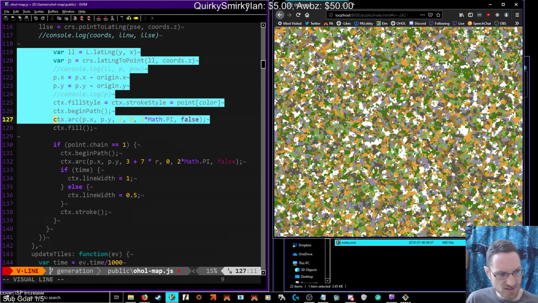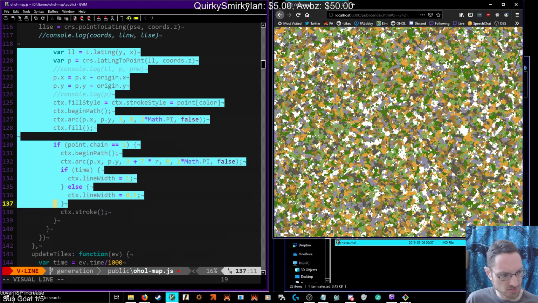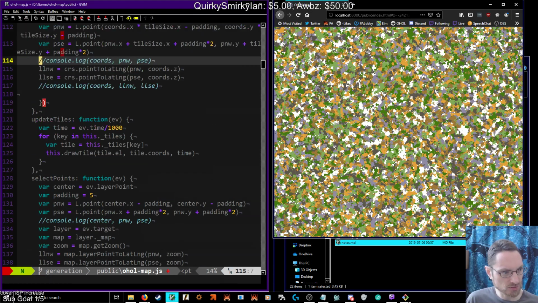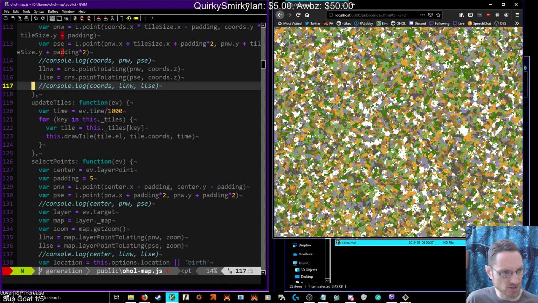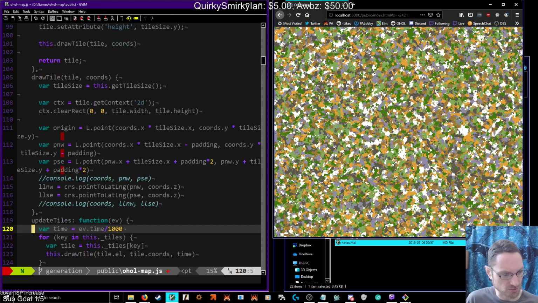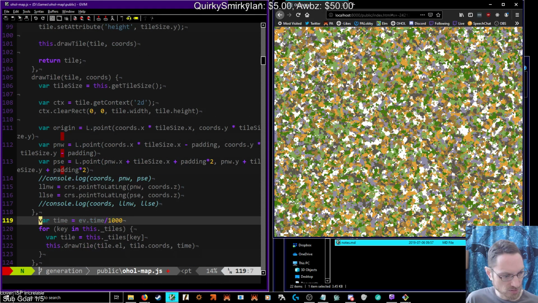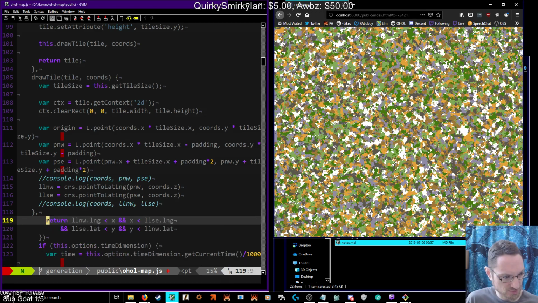I might have to be doing a rect fill, but maybe there's a way to set a particular location. We don't need to update tiles, we don't need to select points. That was bigger than I thought.